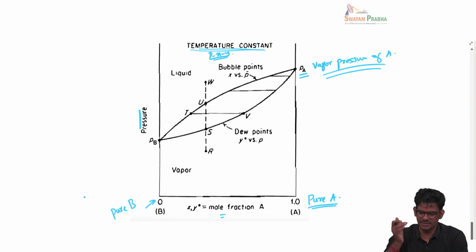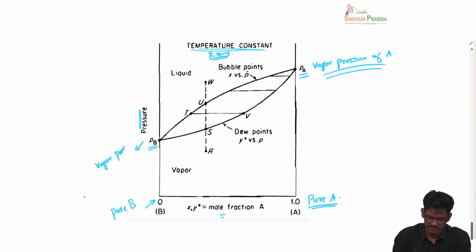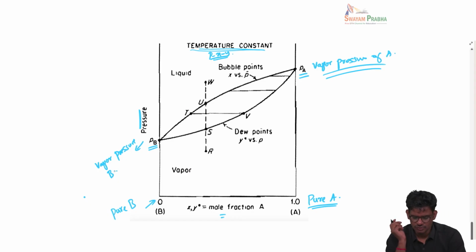If you change the temperature at which you cut this, the vapor pressure will also change. Similarly, for pure B, this will be the vapor pressure of B. So between these two vapor pressures A and B, you will see that the composition can change.